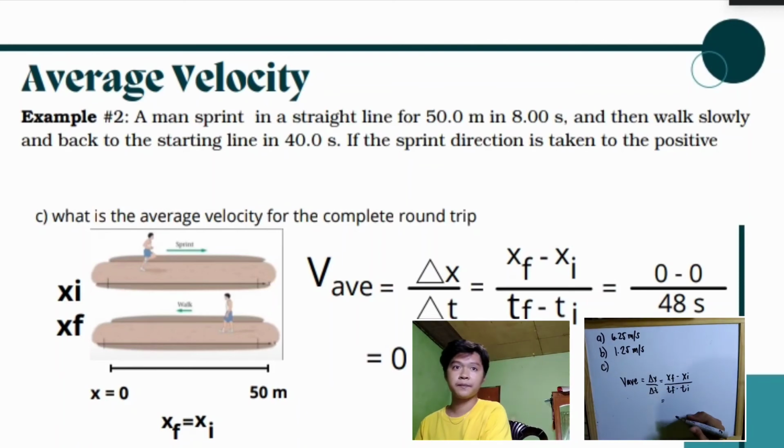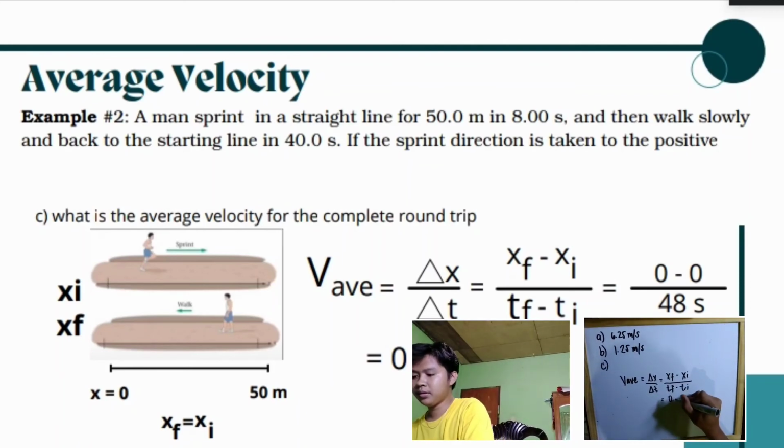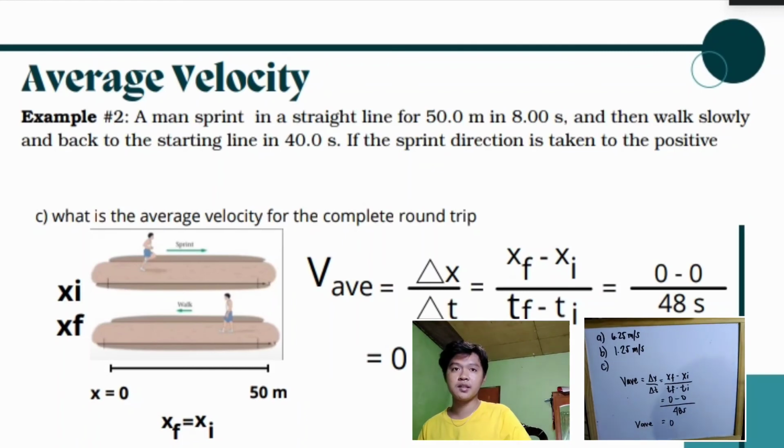So, substitute. 0 is our initial position, and also the final position. Our time is 48 seconds. So, V average is equal to 0, because 0 minus 0 divided by 48 seconds is 0. So, 0 is what we got for the average velocity.